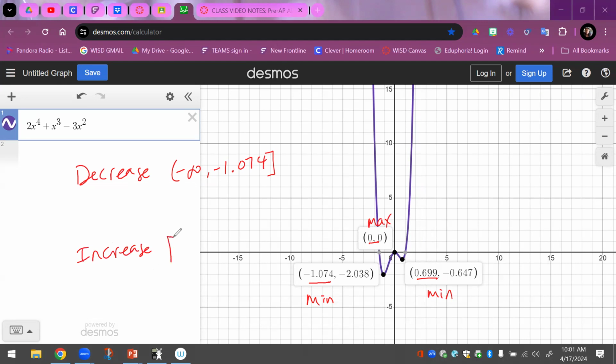There we go. Negative 1.0742. Then after that, I have a what? Another decrease. 0 to 0.699. And then I have a perfect from. You did it. Bam. Okay, how do we feel?